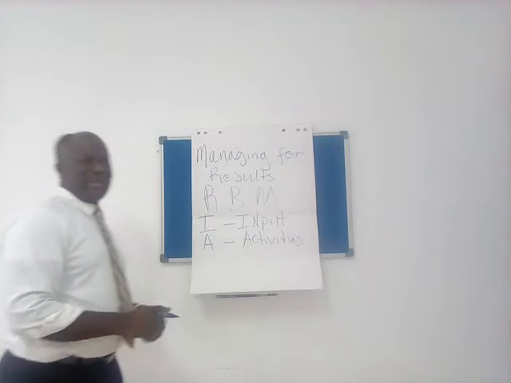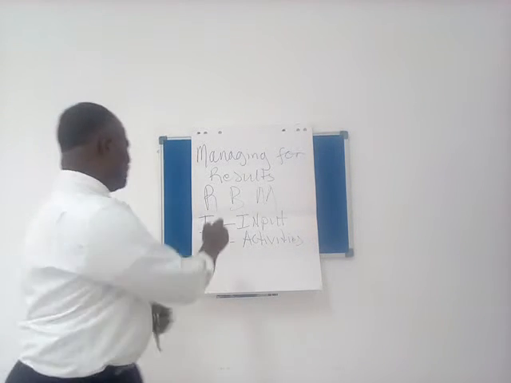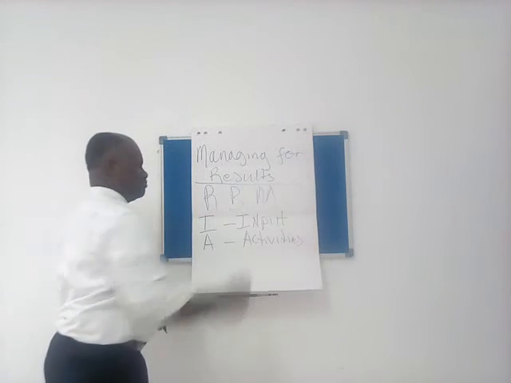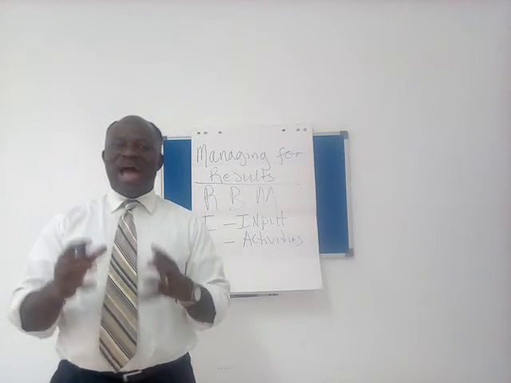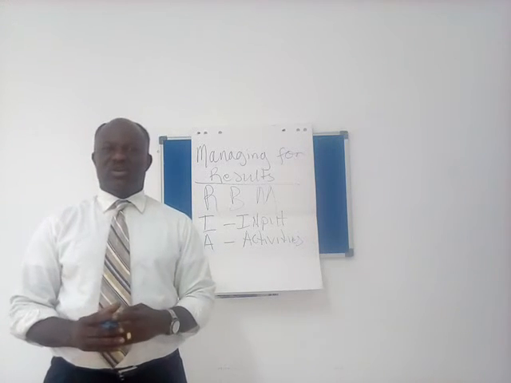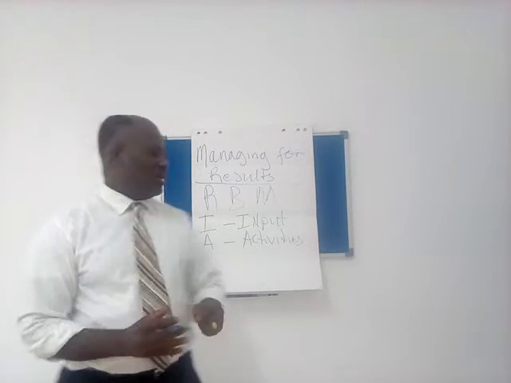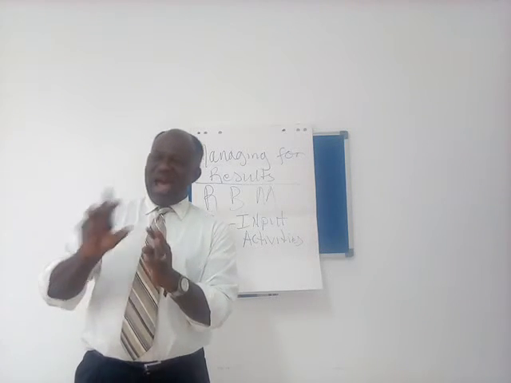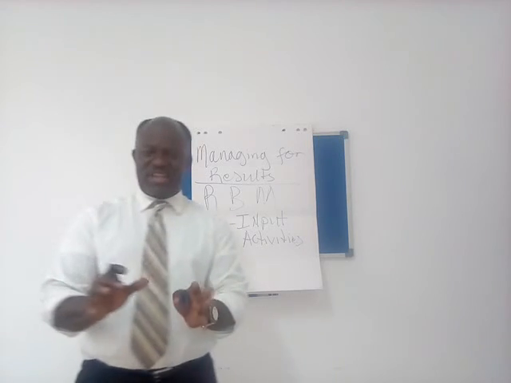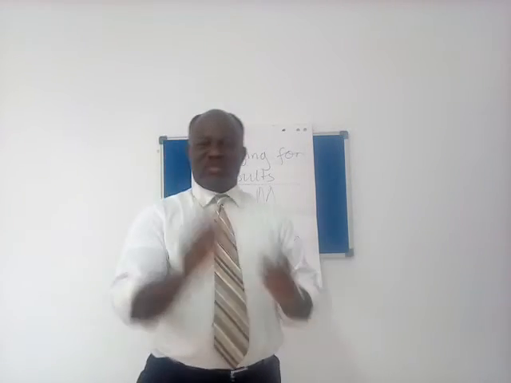So for our context of result-based management, managing for results, activities will be those actions that are being carried out to attain your output. Those actions that you engage in that lead to an output.